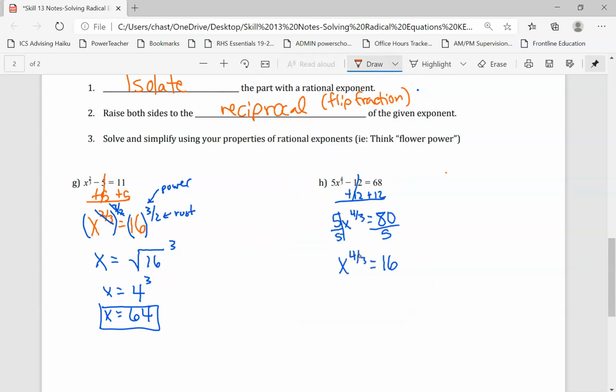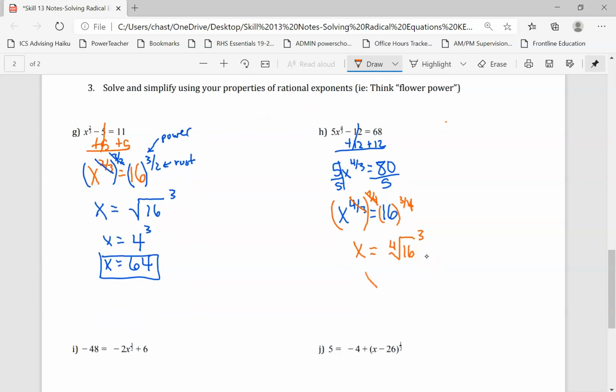Now we've got to raise both sides to the reciprocal power of 4/3, so it'll be 3/4. 4/3 cancels with 3/4, so we get x equals the 4th root of 16 to the 3rd power. 4th root of 16 is 2, and when we do that to the 3rd power, the answer is 8. Okay.